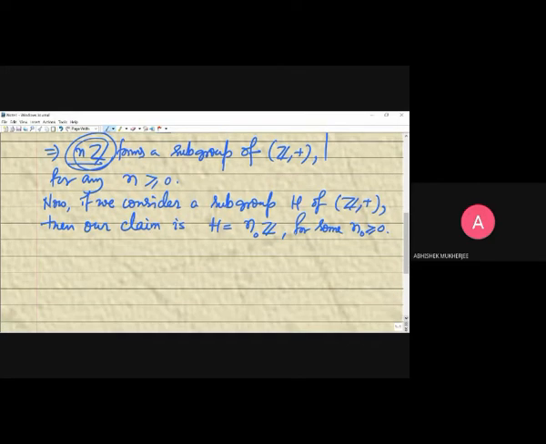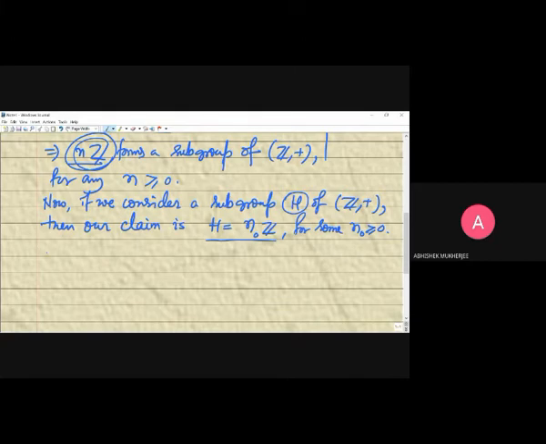But how? To show that this H takes the form n naught Z, you need to invoke the well ordering principle of the non-negative integers, right?